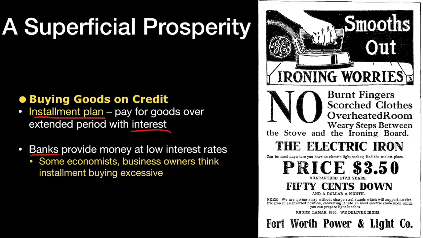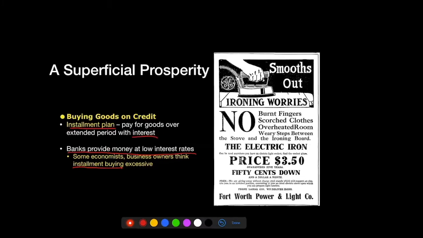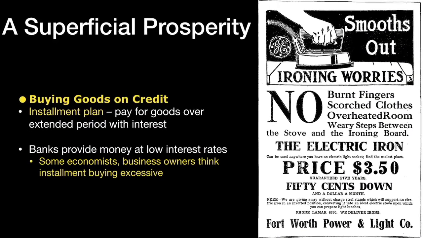Now, the banks end up providing the money at low interest rates, which means more and more people are going to want to loan because they're not going to have to pay back as much at the end of the day. So installment buying becomes big, as we can see from the ad here. So you've got this electric iron here that is $3.50.